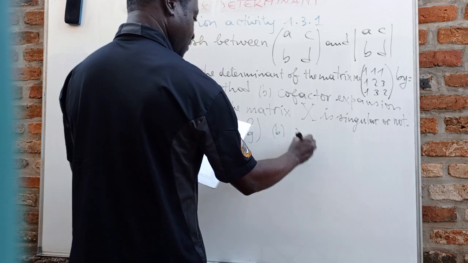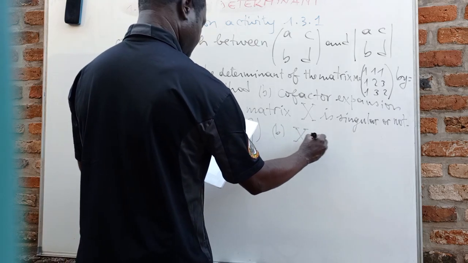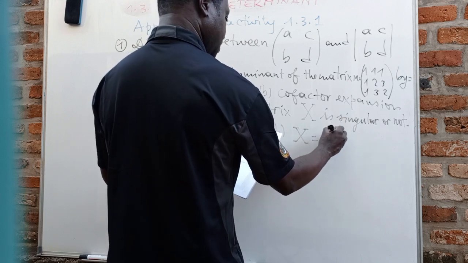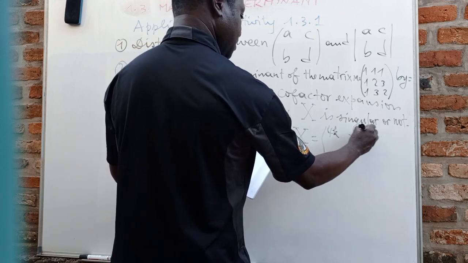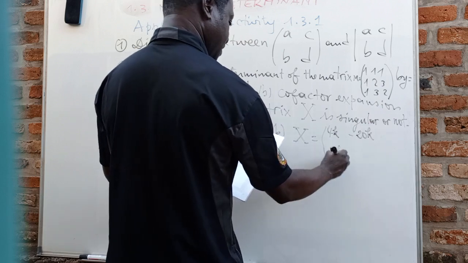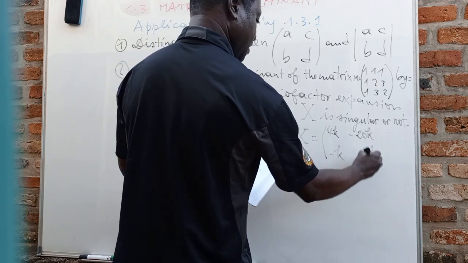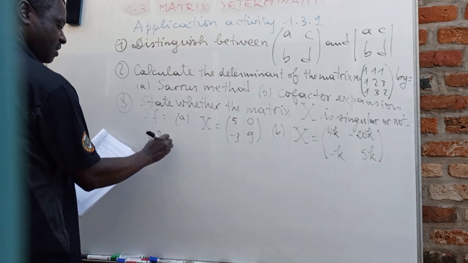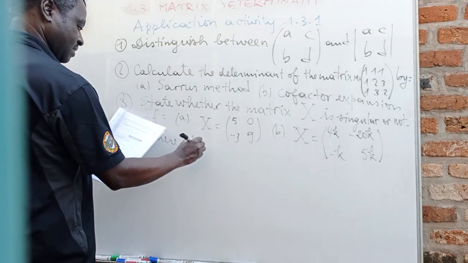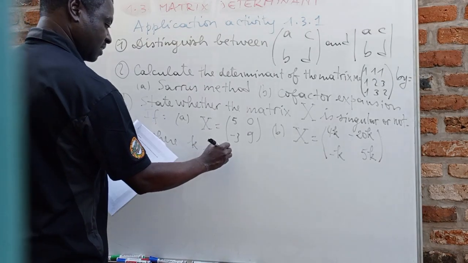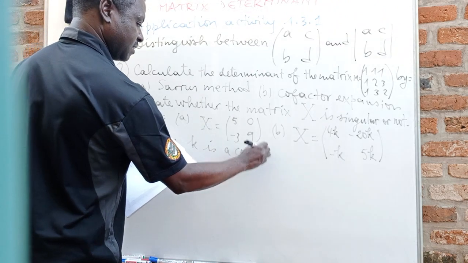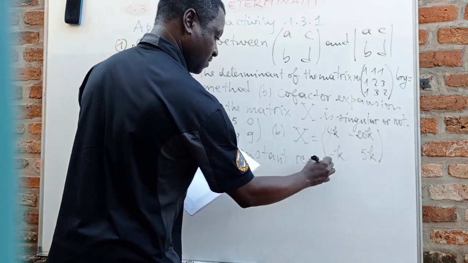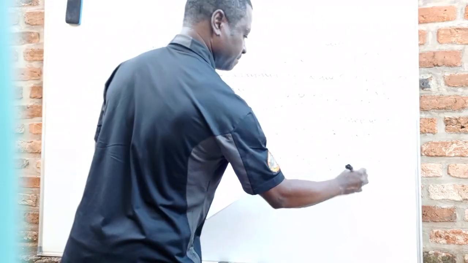And B, this matrix X is another 2 by 2 matrix: 4K, -20K, then -K, 5K, where the constant K is a real number.